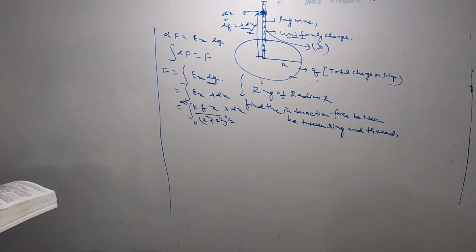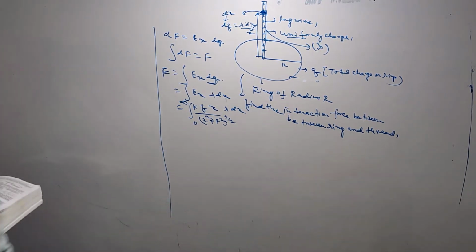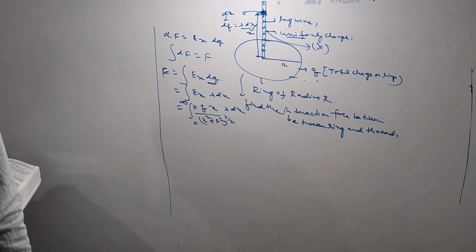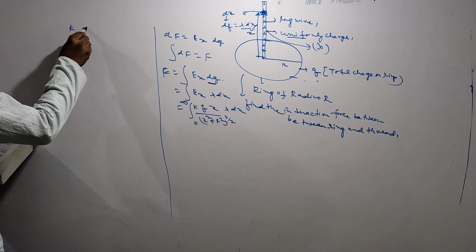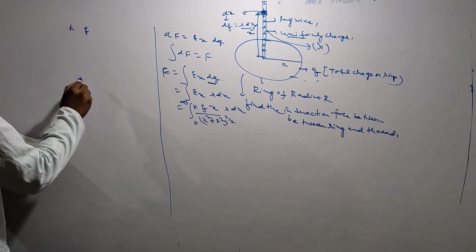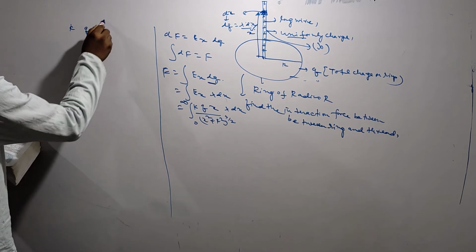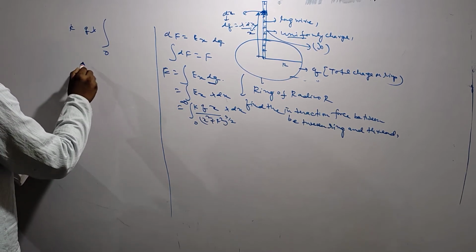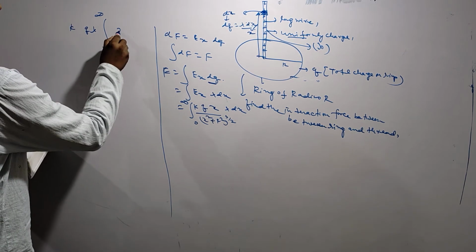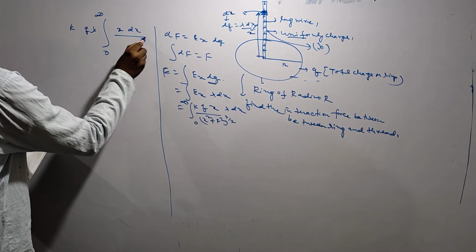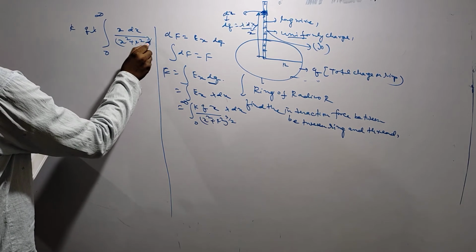Well, now we can do simple integrations. This is simple mathematics. So kq lambda is constant, so you can keep it out. So we are left with x dx over (x square plus r square) to the power 3/2.